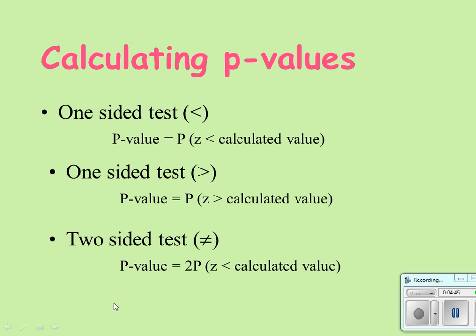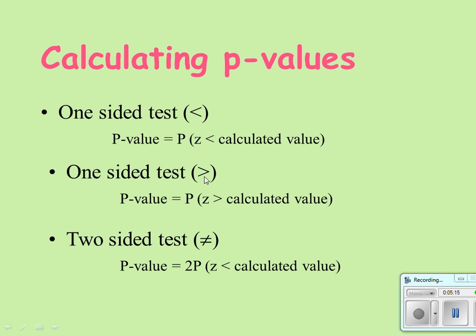All right, so let's talk about calculating what we're supposed to do. For a one-sided test that's less than, your p-value is the probability that your z, the value that you calculated, is less than that calculated value, and you're going to have a less than for your alternative hypothesis.